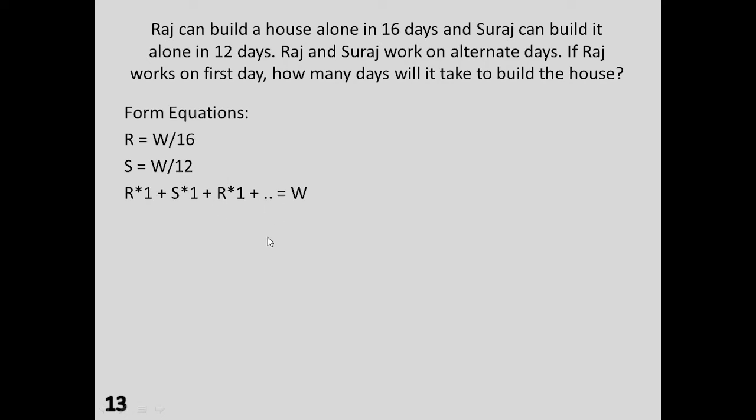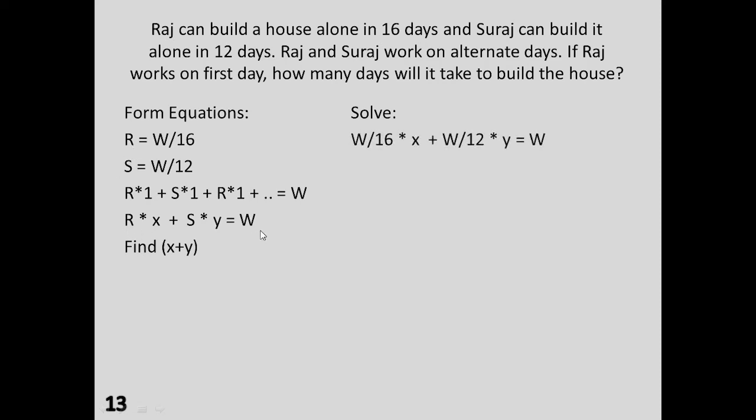So let's say Raj has worked for X number of days and Suraj has worked for Y number of days. We need to find the total number of days it took to build the house, which is x plus y. Now, for solving this equation, we need to substitute values of r and s in this equation. If we simplify it, we will arrive at this equation.